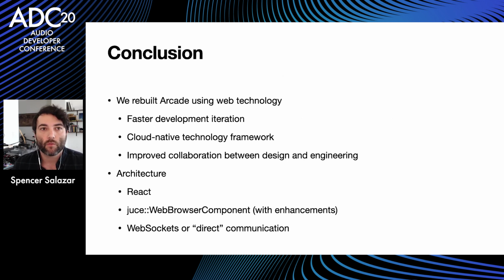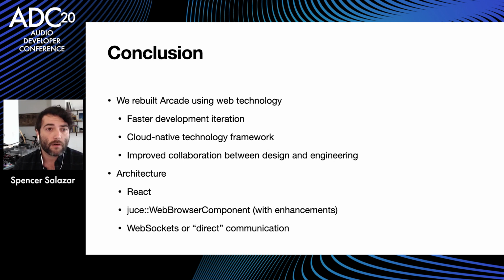So in conclusion, we essentially rebuilt Arcade using web technology, or at least we rebuilt approximately 50% of it. This allowed for faster development iteration. It allowed us to use cloud native technology frameworks such as GraphQL and Apollo. It improved collaboration between design and engineering, which were all huge wins for this project.